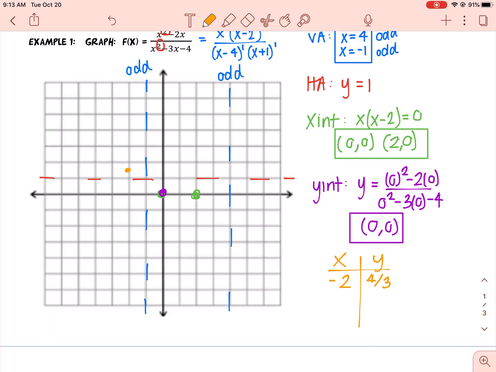If I plug in maybe like 3, I don't know, random points, guys, whatever points you want. If I plug in 3, I'll get -3/4. Okay, so that's kind of telling me I might be going down. And then a point to the right of my vertical asymptote, I'll plug in 5, and I get 2.5.